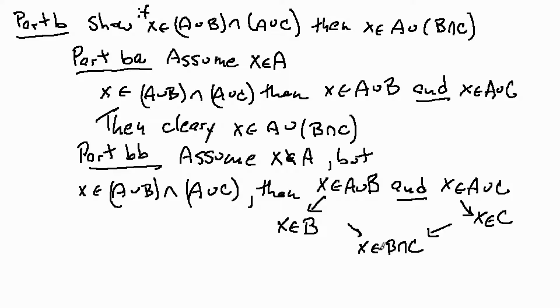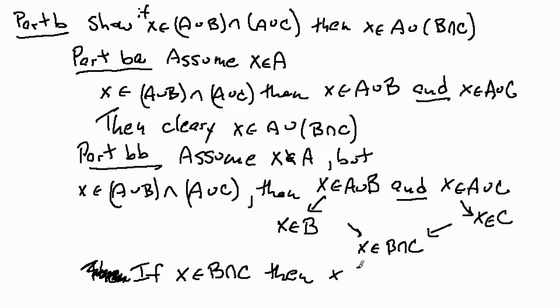And if X is contained in B intersection C, then, well, let me write this as a complete sentence. If X is contained in B intersection C, then X is contained in A union B intersection C. And that completes the whole proof.